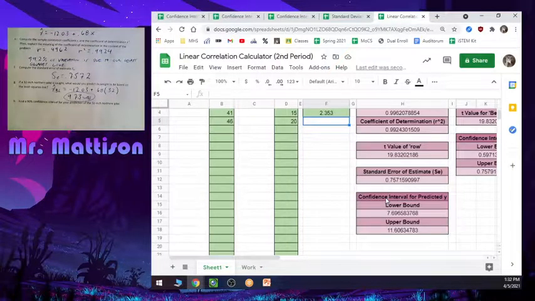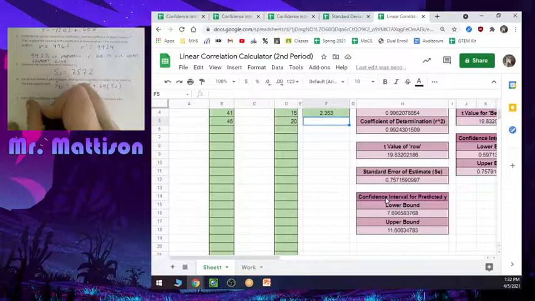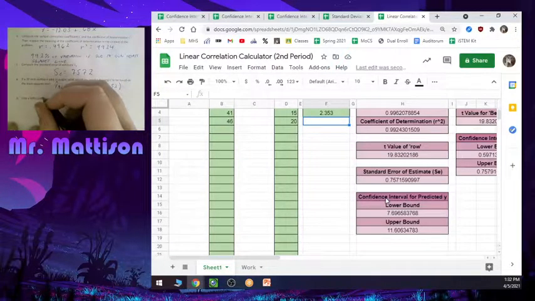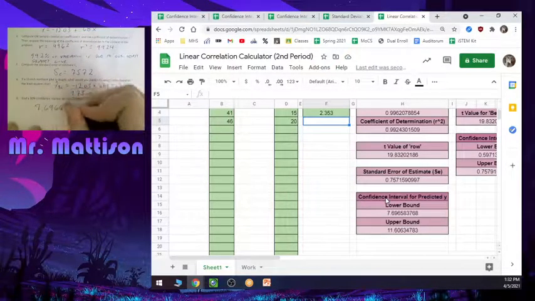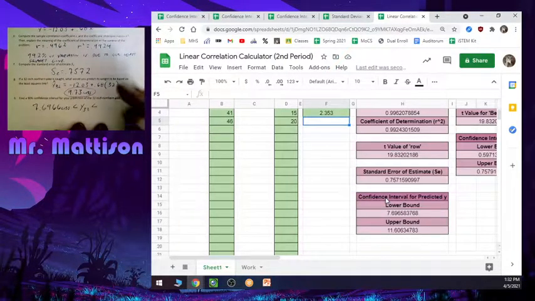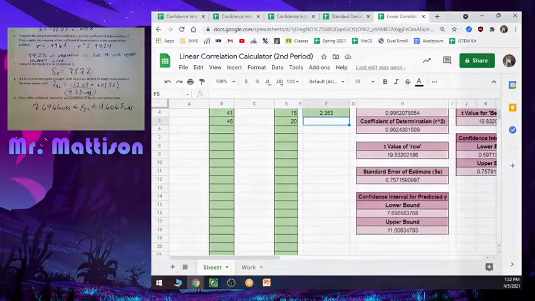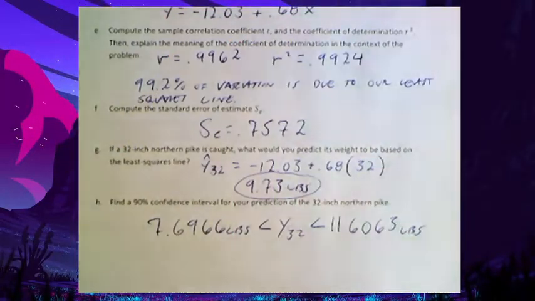So that ends up being, my lower bound is 7.6966 pounds. This is my y sub 32. Again, you can just say y, it's fine. And then my upper bound would be 11.6063 pounds. So that would be my prediction for the weight of that northern pike based off of its number of inches, right, from my data there.